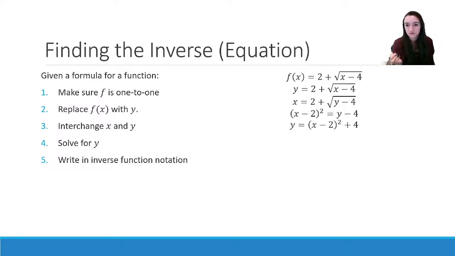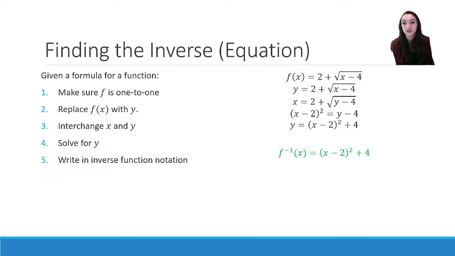Then, finally, I get y equals x minus 2, all quantity squared, plus 4. So, the final step is just to rewrite it in function notation. Function notation being, we've identified an inverse, so we should use our inverse function notation, f negative 1 superscript, so f inverse of x is equal to x minus 2 squared plus 4.